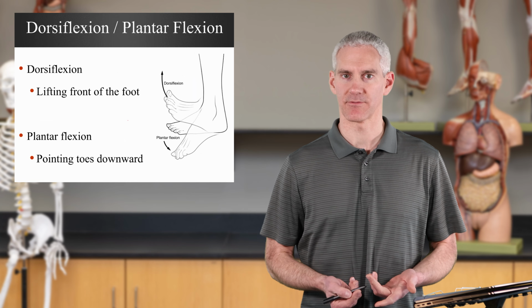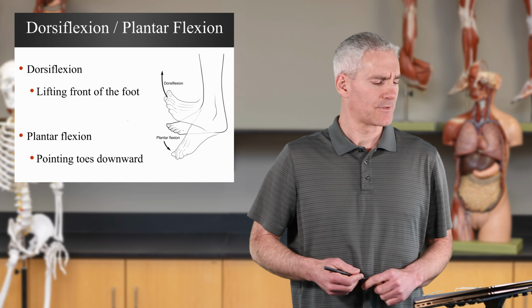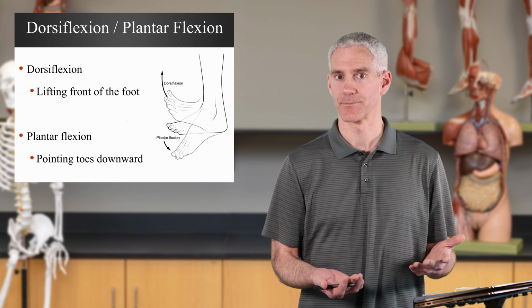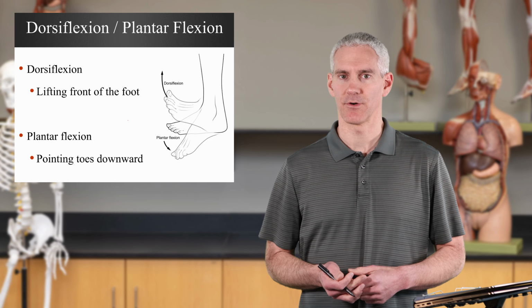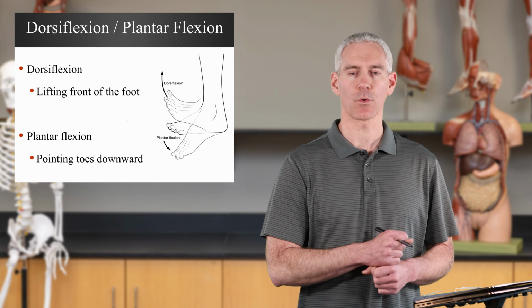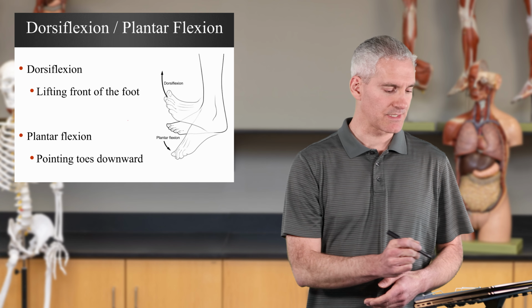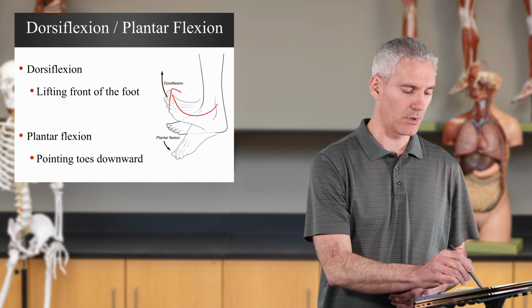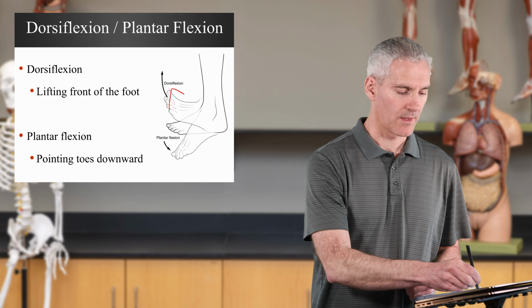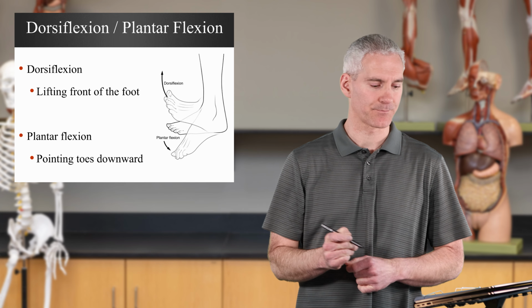Dorsiflexion and plantar flexion, specific to the foot. You're saying, hold on, they're both flexion. Very true. There's no extension of the foot. It's dorsiflexion and plantar flexion. In the case of dorsiflexion, you're lifting your toes up. So you can see here, dorsiflexion is pulling the toes up. While in plantar flexion, you're pointing the toes down.